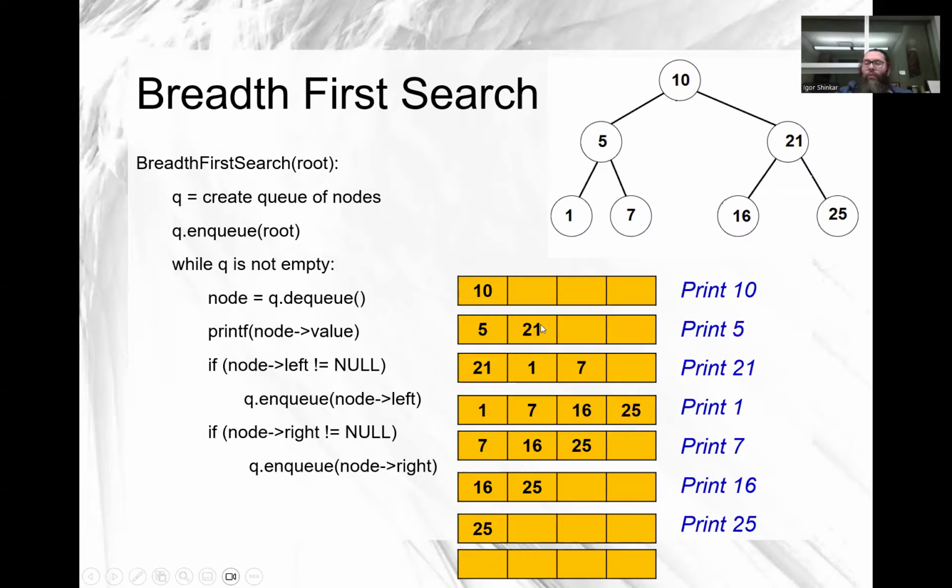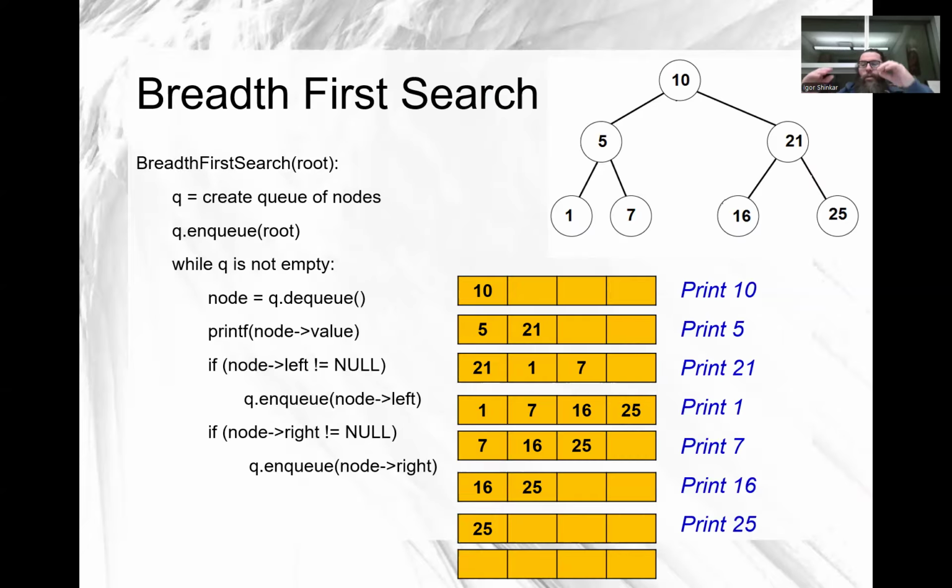So after both 5 and 21 are removed, what is left is exactly the second layer. If we have more layers, we'll remove the second layer, and what will be left in the queue is the third layer. And after the third layer, if we remove it, it will be a fourth layer and fifth layer and so on. So it's called breadth-first search because it sort of does this by, well, breadth.